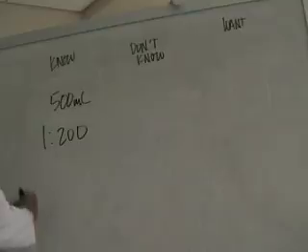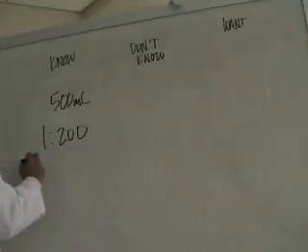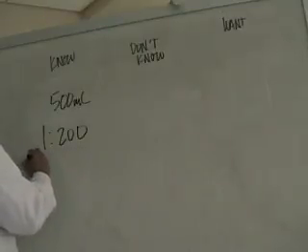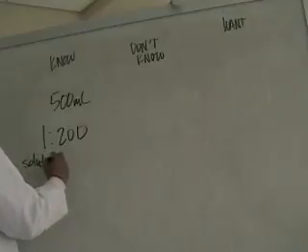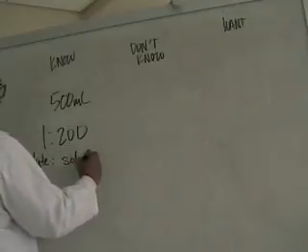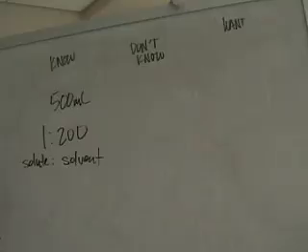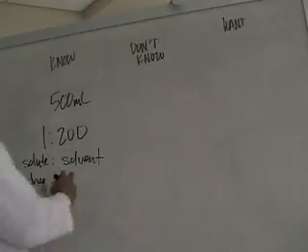Now on these concentrations, the 1 is the solute, and the 200 is the solvent. And remember from your pharmacology, solute is the what? The drug. The solvent could be alcohol, but it's usually water.